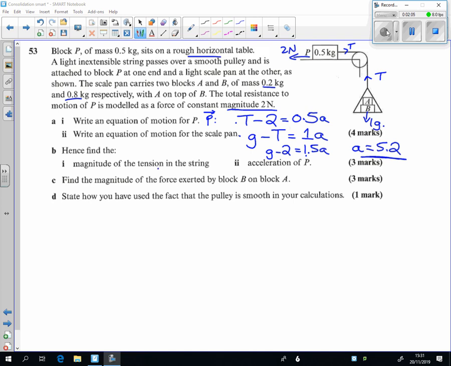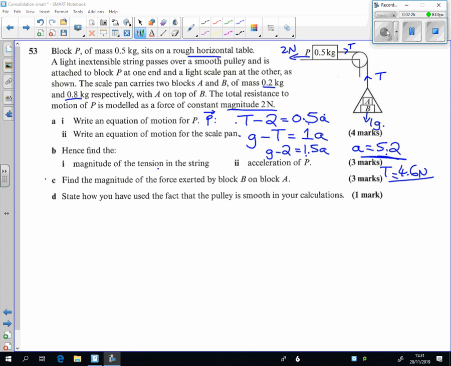And I can figure out what the tension is now just by dropping this back in. Shall I drop it back in there? So the tension now is 0.5 times this. That's 2.6. Add the 2. So the tension is 4.6 newtons.